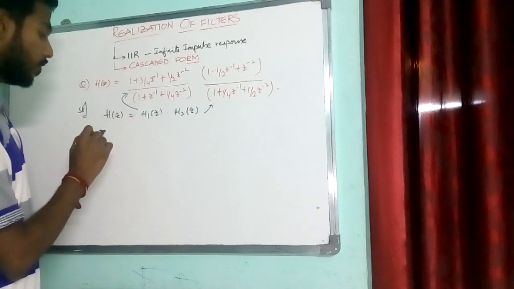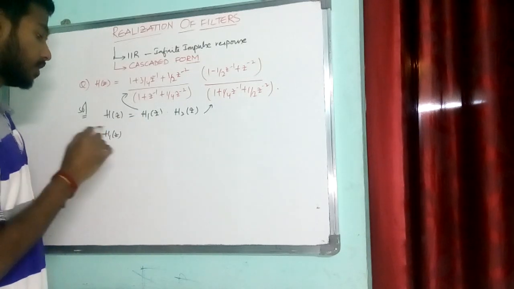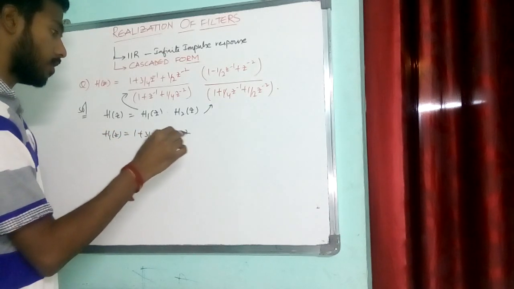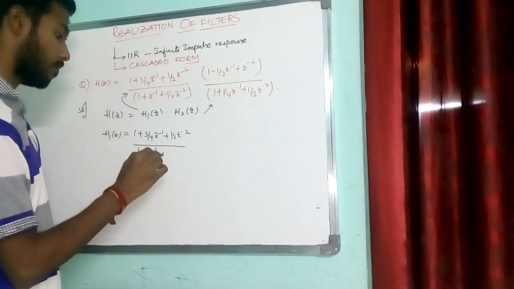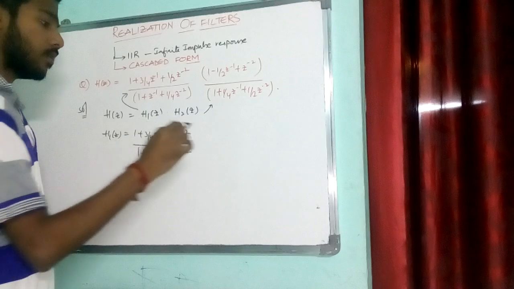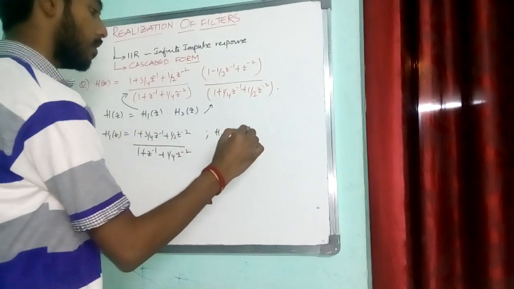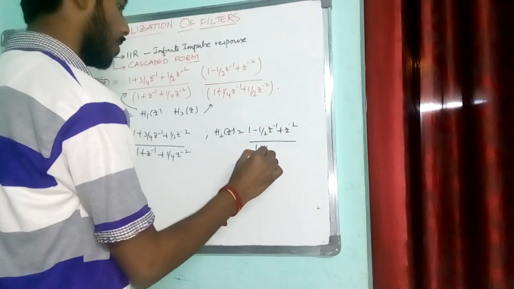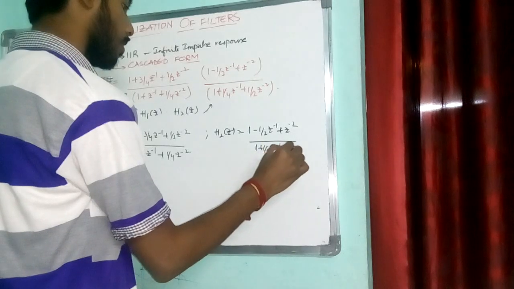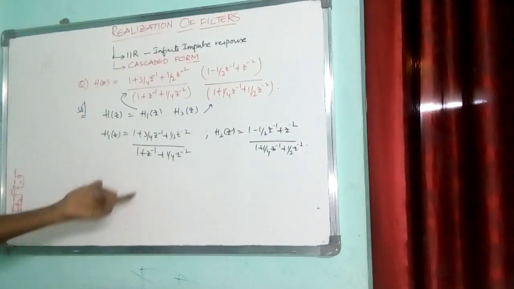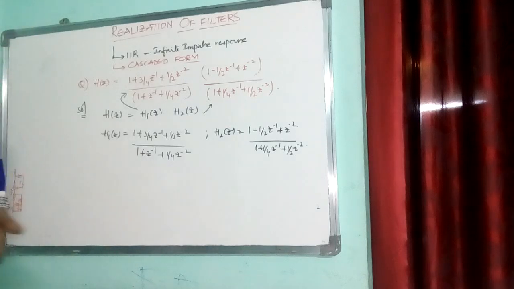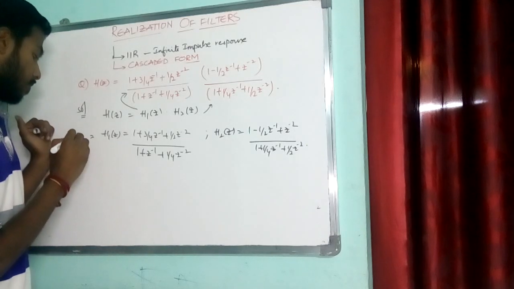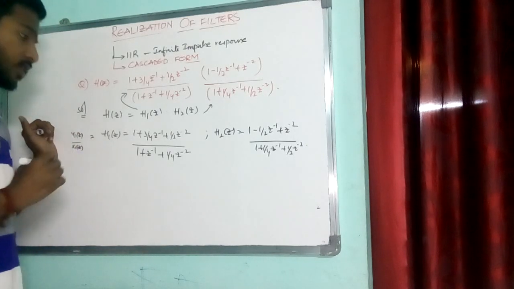And so what we do is take h1 of z, similarly take h2 of z. Right? Now realize them individually and finally add them. Okay? Now if we realize them, you need to consider this as y1 of z by x1 of z.